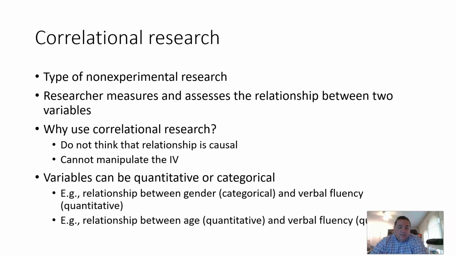Correlational research is non-experimental research. Researchers measure and assess the relationship, and the key word there is relationship, between two variables. Why use correlational research? You do not think that the relationship is causal, or you cannot manipulate the independent variables. So these might be conditions people are born into.